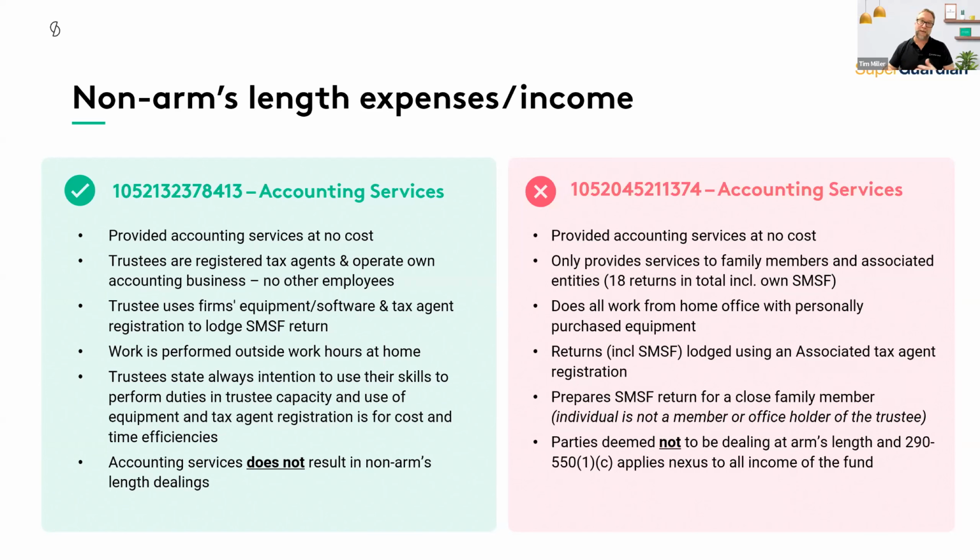It was rather that they'd engaged in an arrangement that provided a better financial outcome for the super fund, and so it was deemed to be NALI. So, two similar in vein of the no cost associated with it, but quite different outcomes based on the nature of that arm's length relationship to be mindful of.